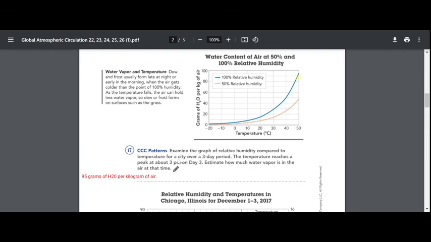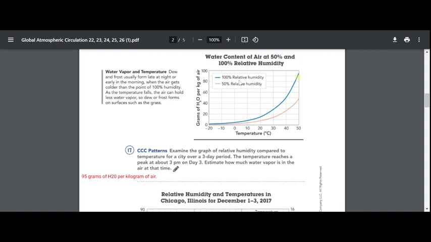And then it says, examine the graph of relative humidity compared to temperature for a city over a 3-day period. The temperature reaches a peak at about 3 p.m. on day 3. Estimate how much water vapor is in the air at that time.